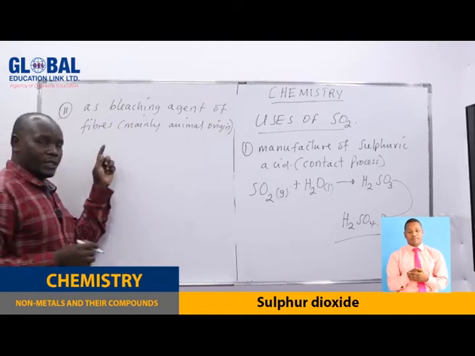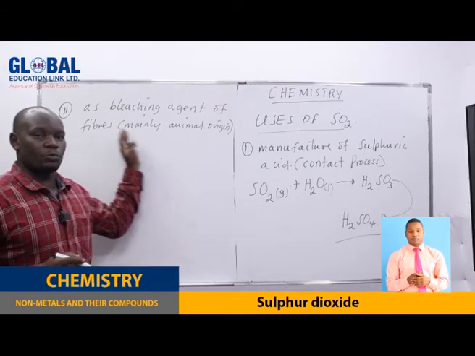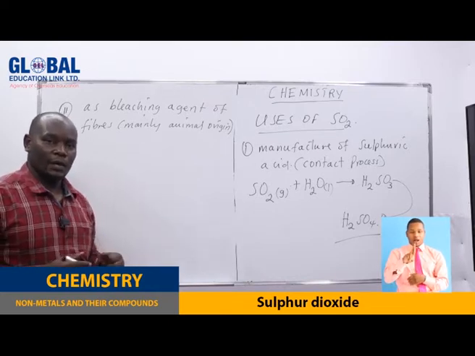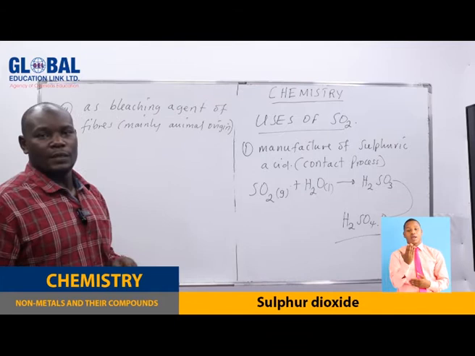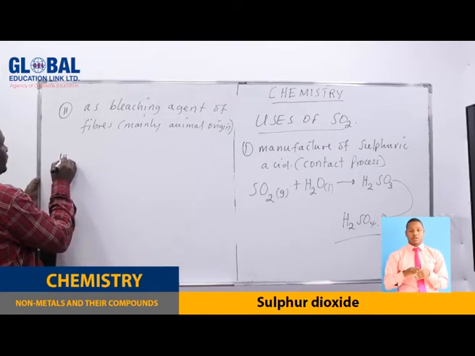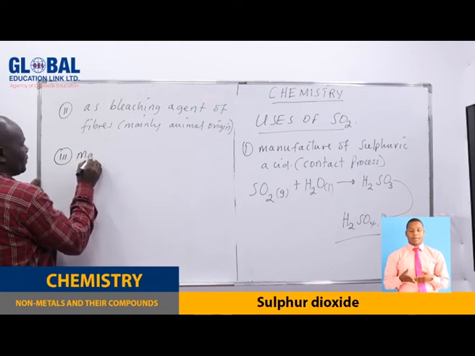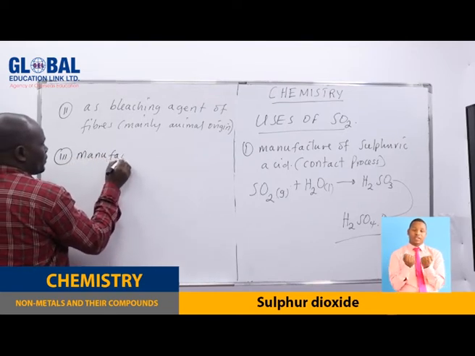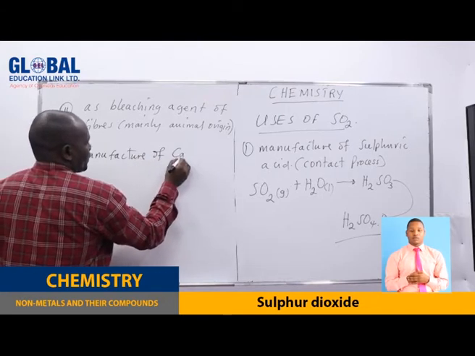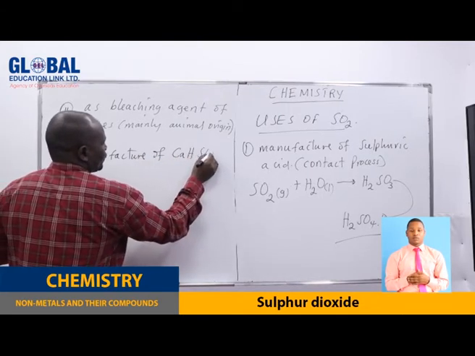Those fibers are bleached or converted into white color by using sulfur dioxide gas. Another use of sulfur dioxide is in the manufacture of calcium hydrogen sulfite.